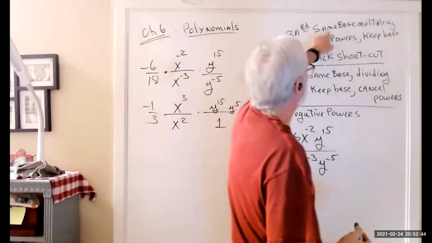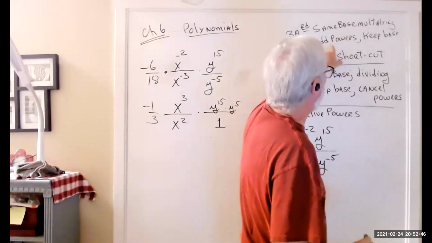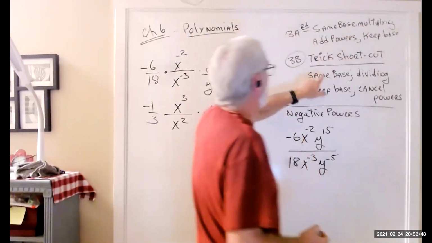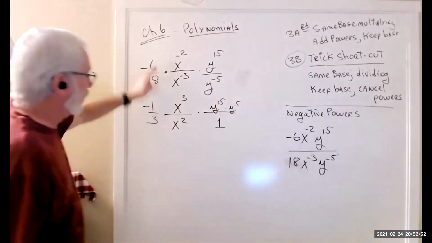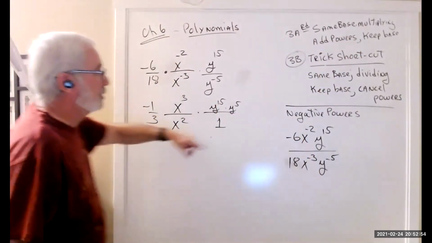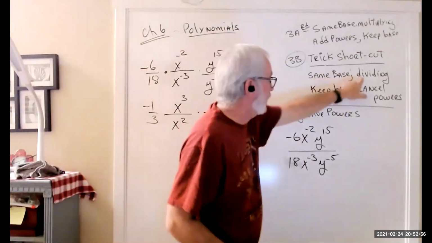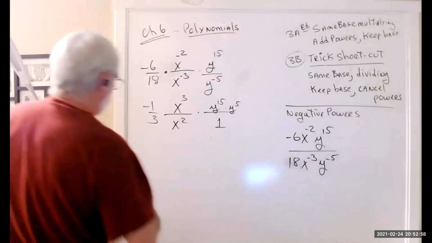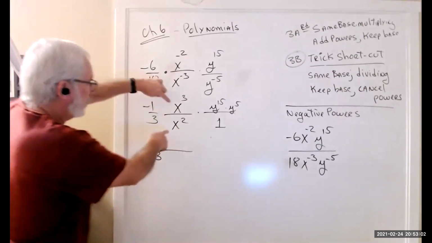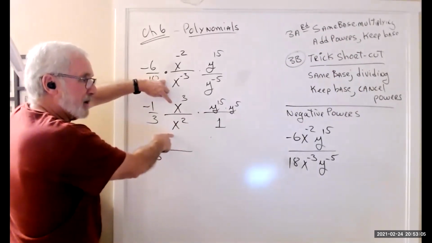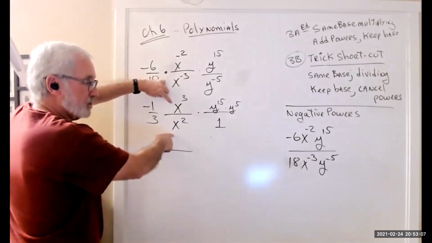If they're the same base and multiplying, we're going to add the powers. If they're the same base and dividing, we're going to cancel the powers. So this is -1/3. Look at my x's, same base dividing, cancel the powers.